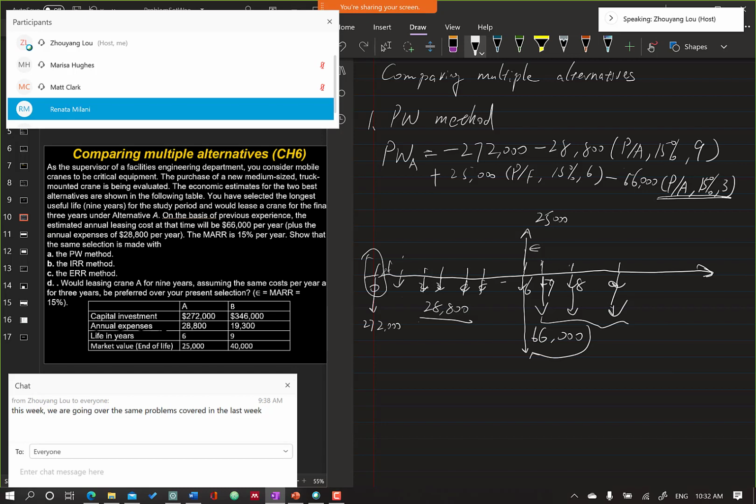And we need another step to further convert this arrow back to year 0, and that's straightforward. We just need to find the present worth given the future value, since that's year 6 now, at 15% and for 6 years. Maybe that's clear.